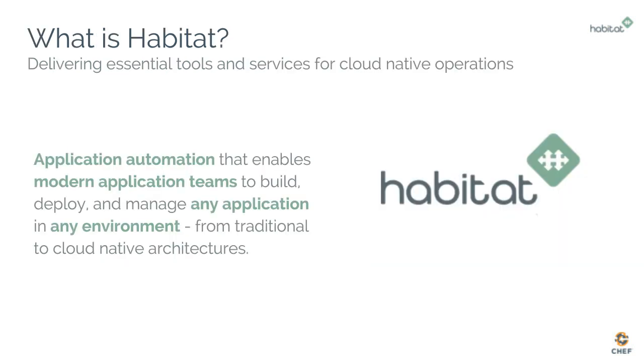So this leads me into what is Habitat. Habitat is application automation that enables modern application teams to build, deploy, and manage any application in any environment, from traditional to cloud-native architectures. And I really want to highlight that Habitat is not a tool set that will only work for you if you have a net new greenfield application designed from the bottom up as cloud-native.